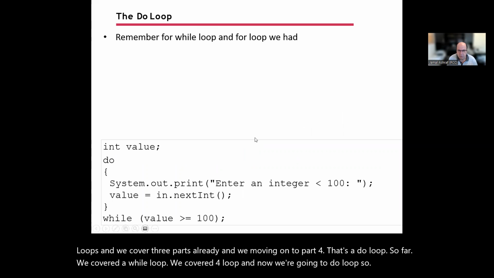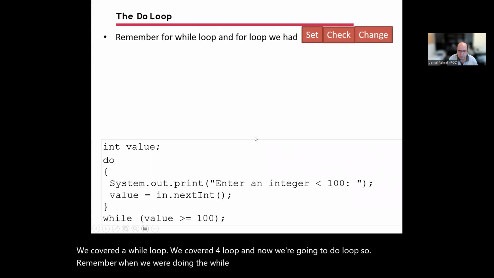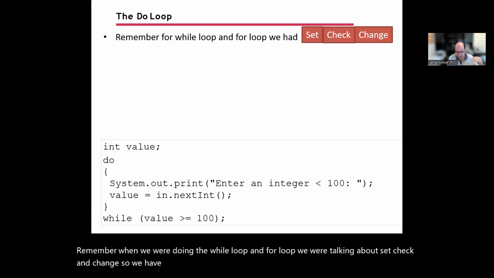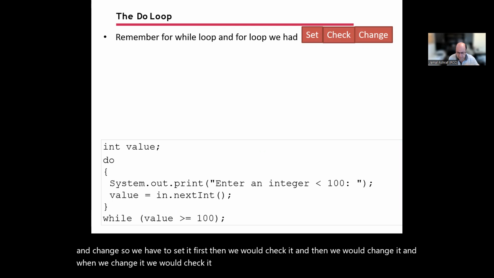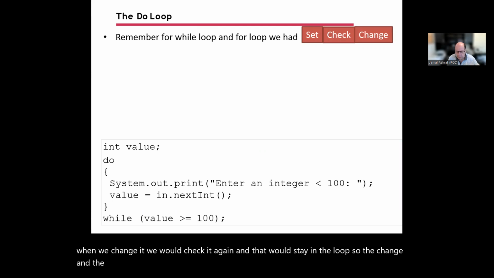Remember when we were doing the while loop and the for loop, we were talking about set, check, and change. We had to set it first, then check it, and then change it. When we change it, we check it again, and that keeps us in the loop. So it's the change and the check until the condition changes, and then it stops.